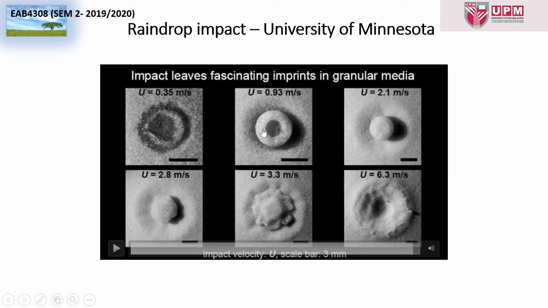As the impact velocity goes higher, at 2.1 meter per second, it forms a granule, and this is also a small granule of course. And as the impact velocity goes higher, it forms a splash, and this splash will cause soil erosion.